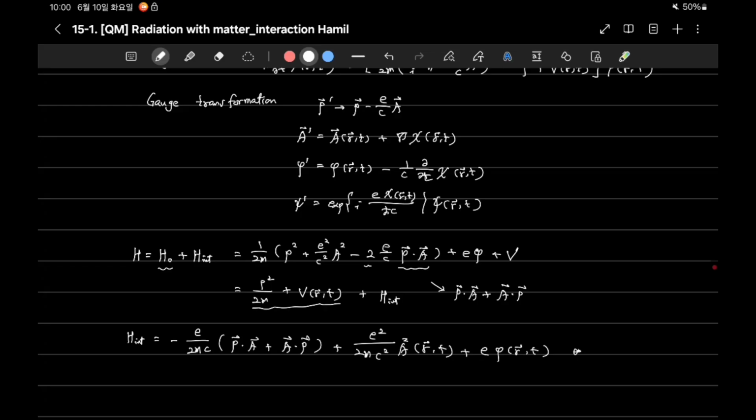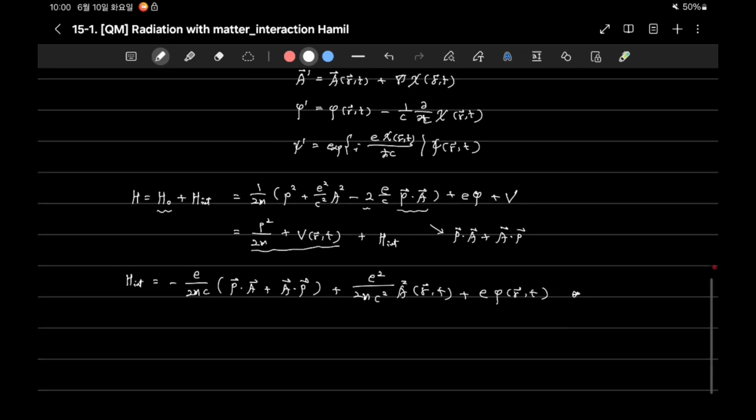So then here, let's think about the E phi RT.